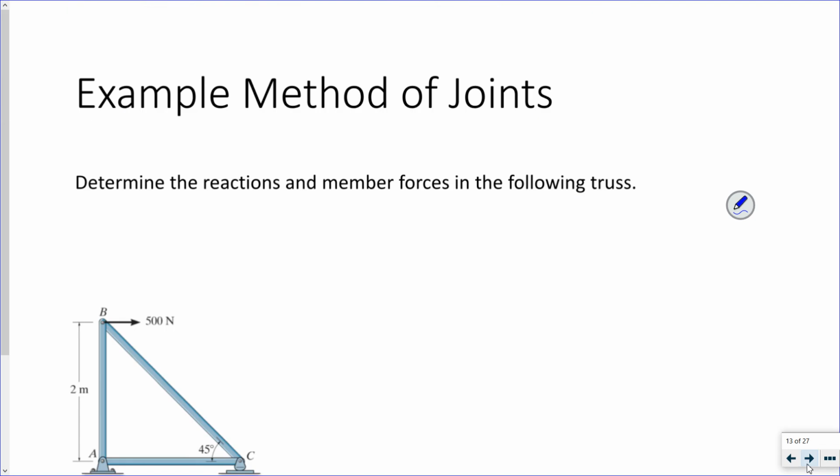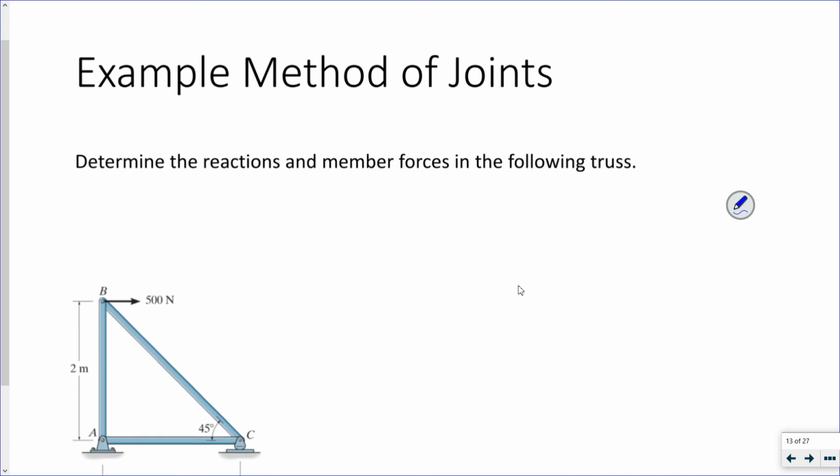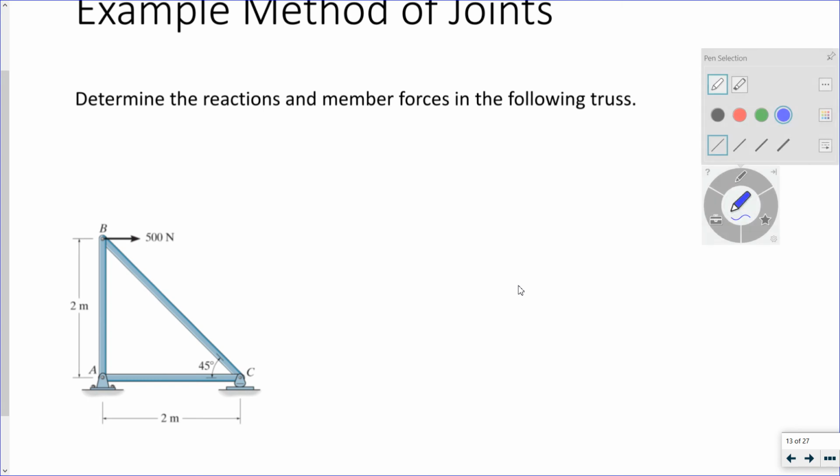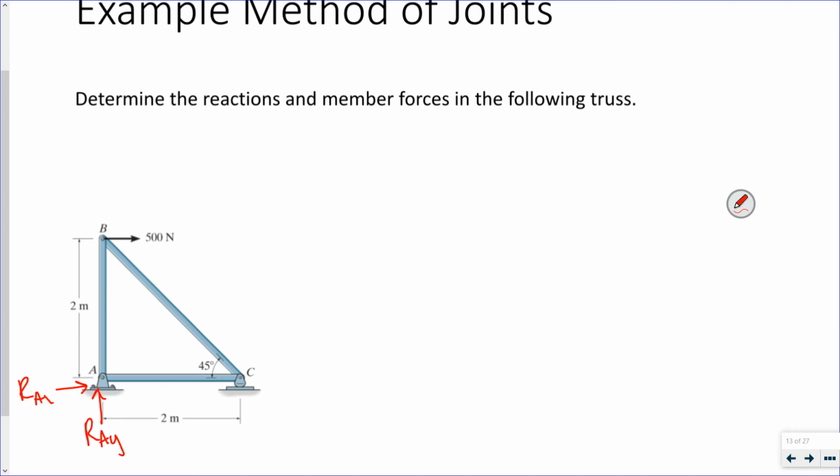So let's do an example. Here's my little triangular truss subjected to a 500 Newton force at joint B. My first step is to look at the reactions, right? At A, it's a pin, so I have a vertical reaction and a horizontal reaction.